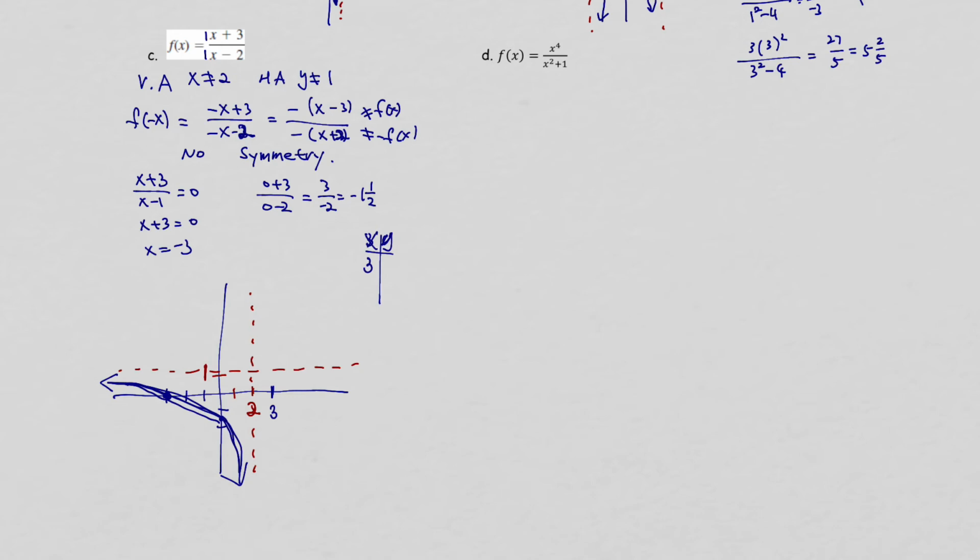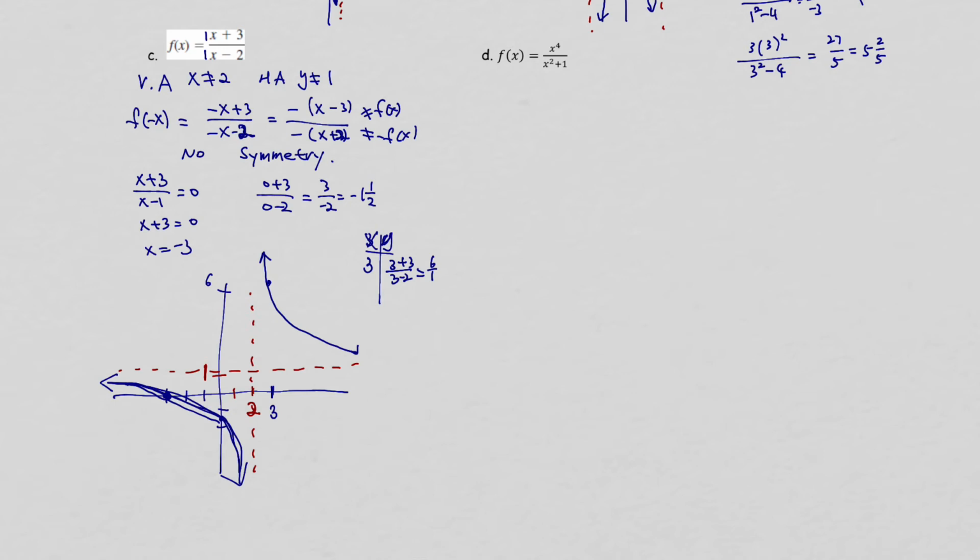It will be 3 plus 3 over 3 minus 2, so that will be 6 over 1, 6. So it will be somewhere up there, 6. It means the graph is in the upper region. So that's the graph for the third one.